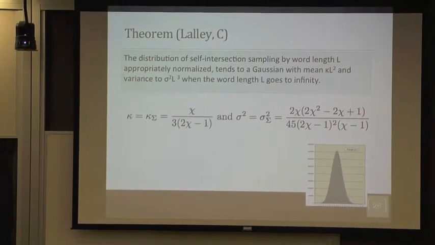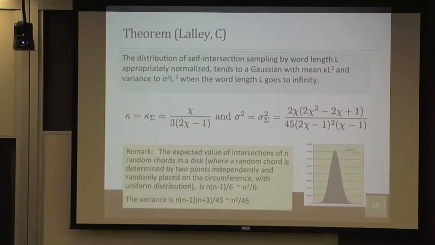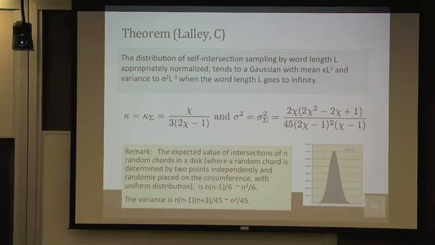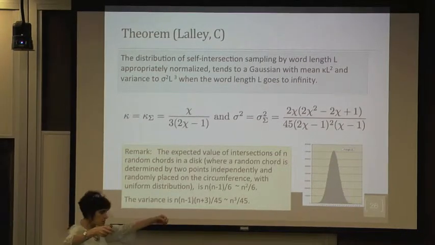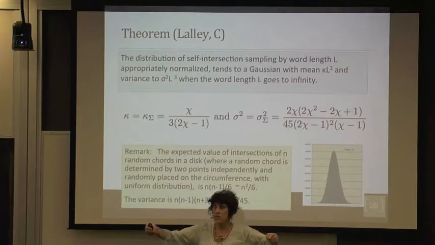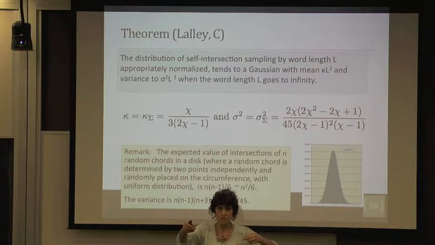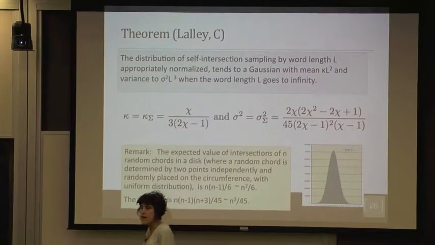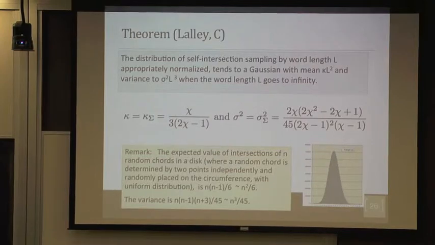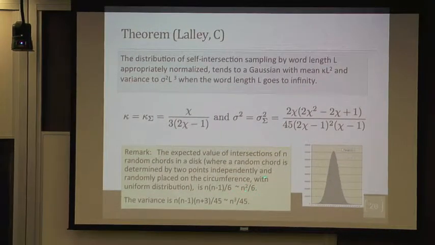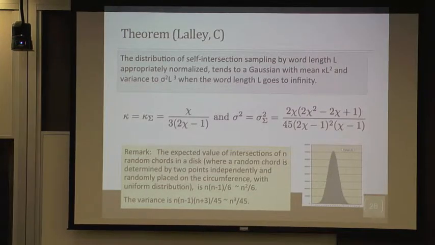So here is the theorem again, rephrased. Now suppose you have a circle, and you want to throw sticks on that circle, and you want to count the number of crossings. The way to throw them randomly is to pick 2 points at random on the circle with uniform distribution. So, what is the expected value of crossings? Well, if you go to a probability book, it turns out that it's n squared divided by 6, where n is the number of sticks.